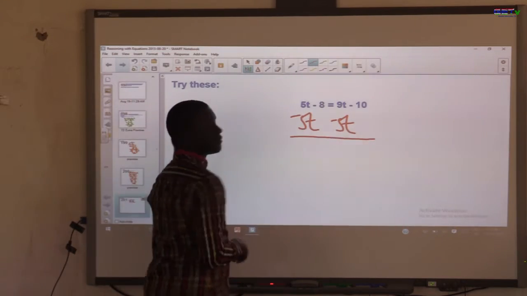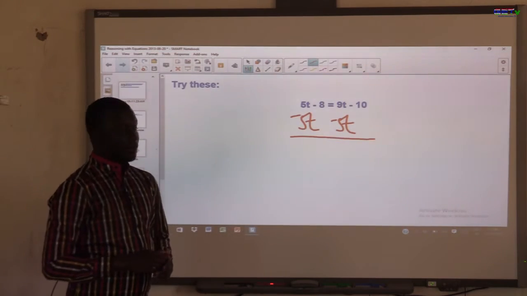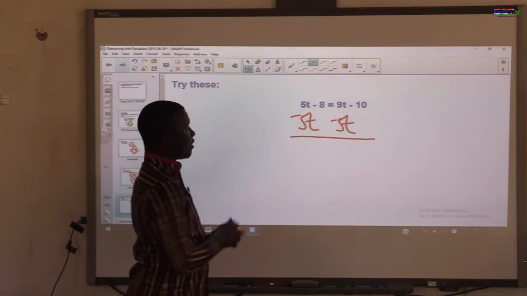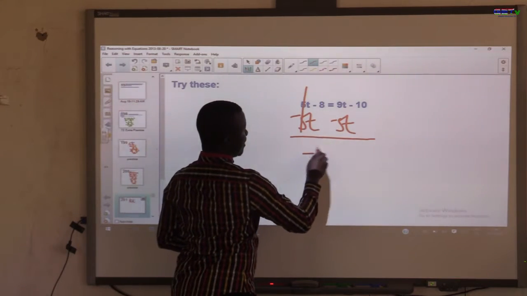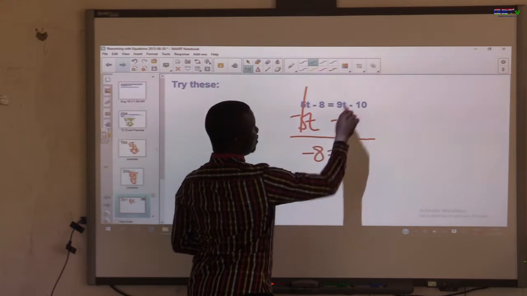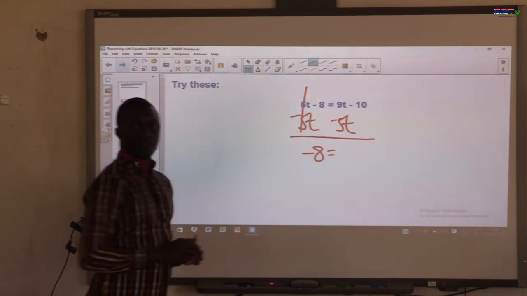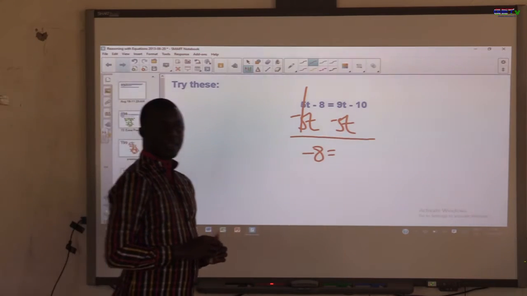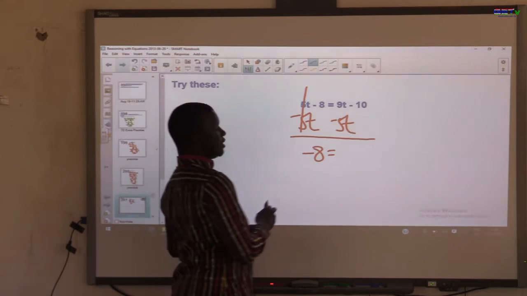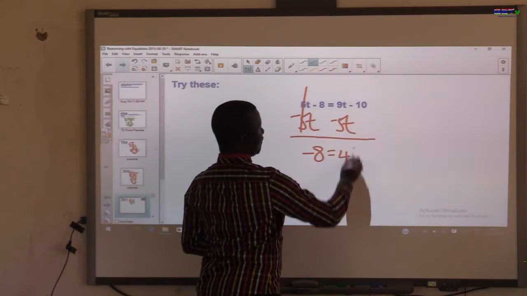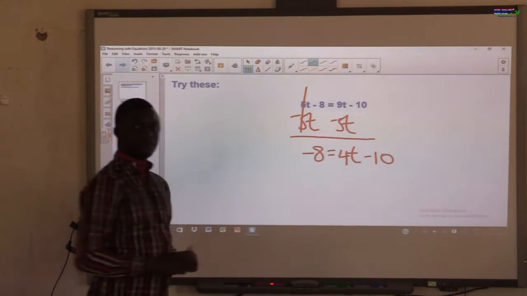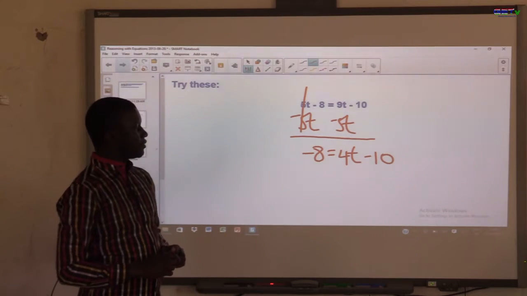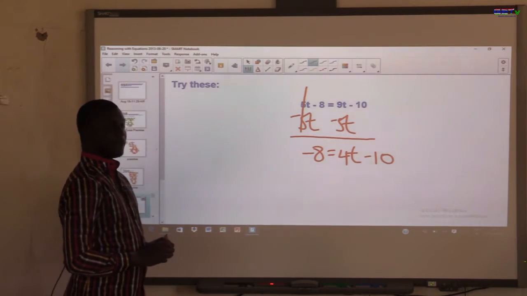In doing so, 5t cancels out 5t. 5t minus 5t is 0. We have negative 8 equals 9t minus 5t, and 9t minus 5t is 4t, minus 10.